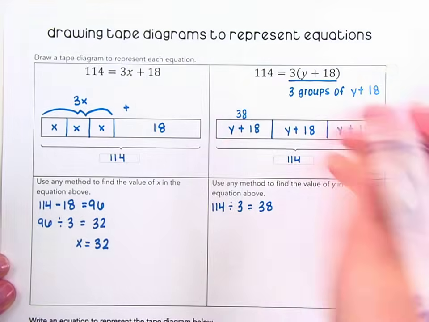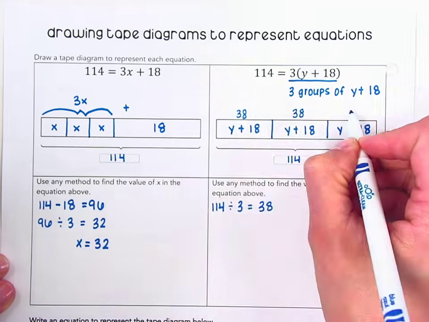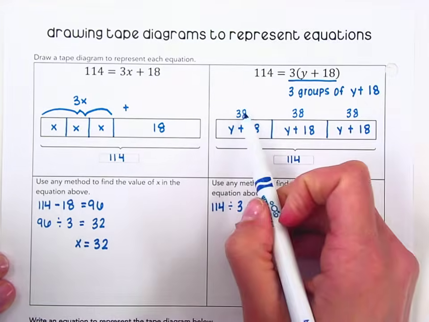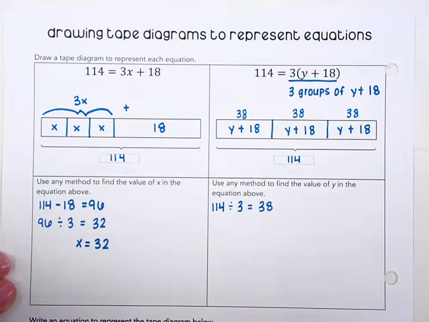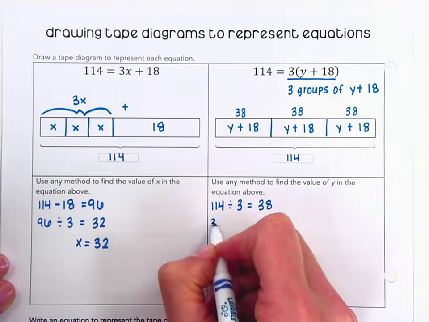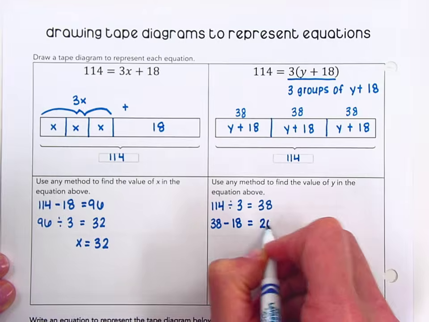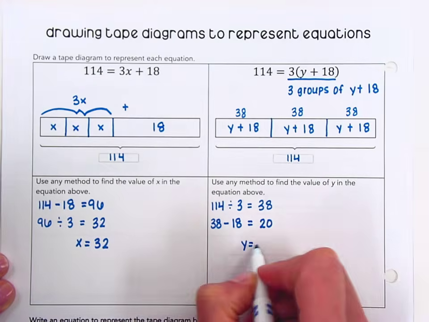So this group is 38, and this group is 38, and this group is 38. So this means that y plus 18 has to be 38, and I can think to myself, what plus 18 is 38? And if I'm not sure, I can use subtraction to help me. 38 minus 18 is equal to 20. So this tells me y is equal to 20.